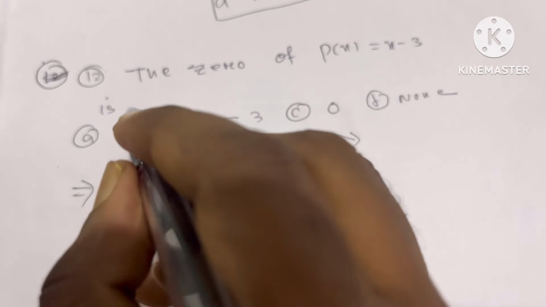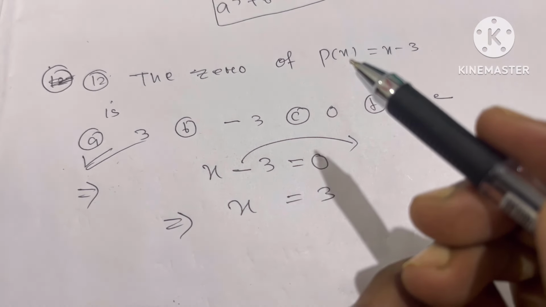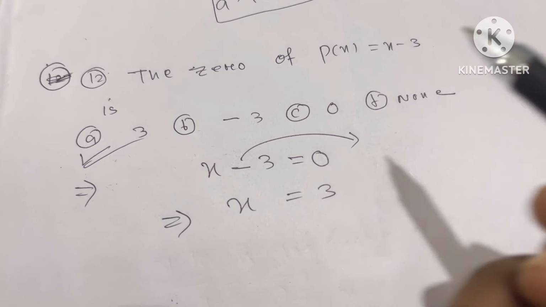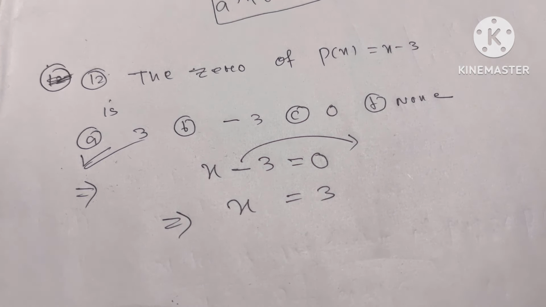So option A is correct. For finding the zero of a polynomial, first you consider that the polynomial is equal to 0, then transpose 3 to the other side, and you'll get the value of x. The zero of p(x) is x equal to 3.